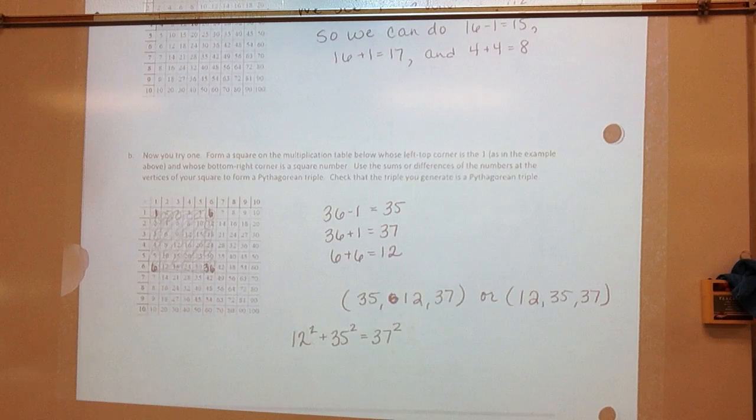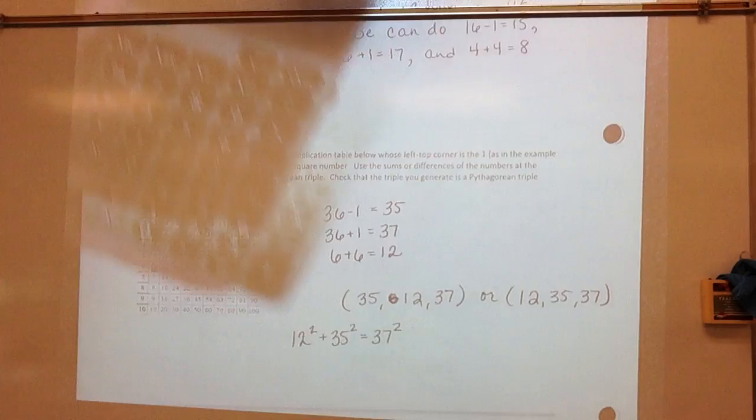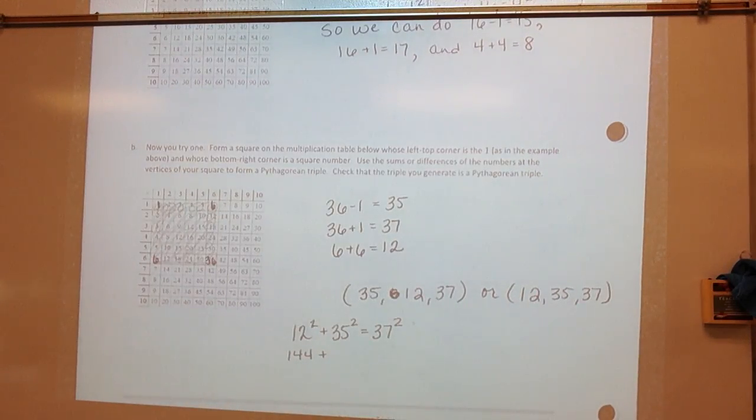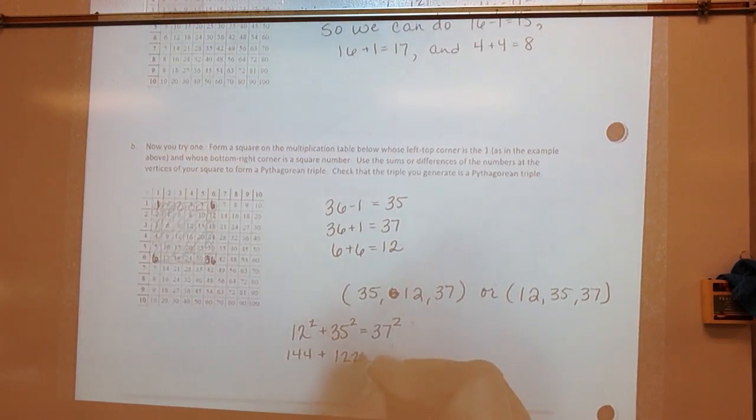Well, let's check that out. 12 squared gives me 144. 35 squared gives me 1225.